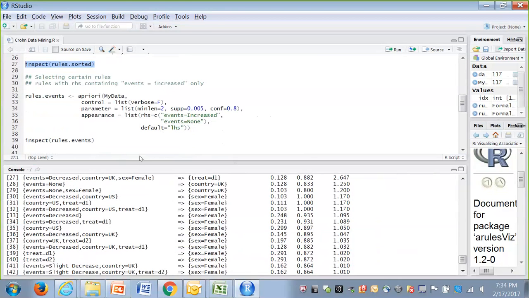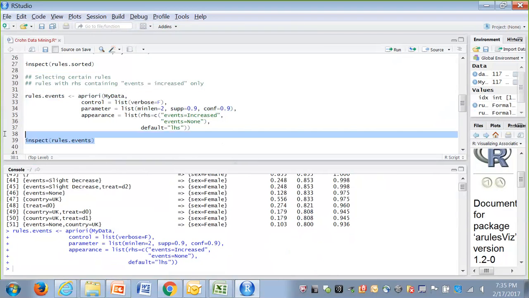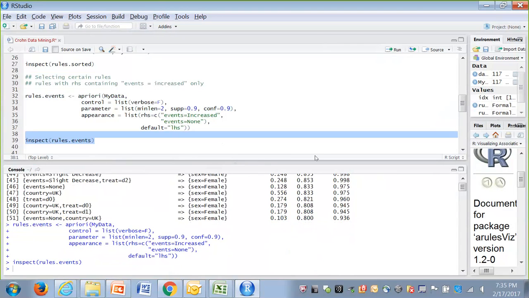So here we're looking at the rules for events. Here's your support, here's your confidence. If I say, all right, I want all the rules that have a confidence of 0.9 and a support of 0.9, we'll see what we get back. You'll see the filter.